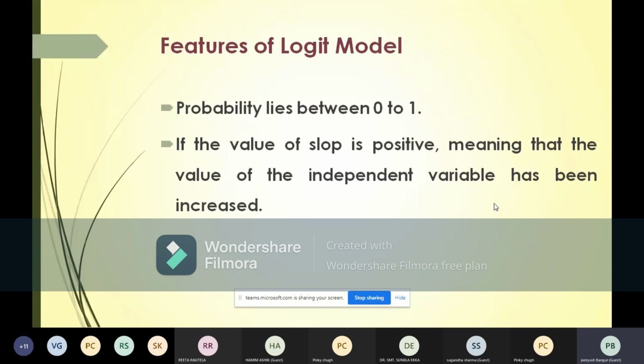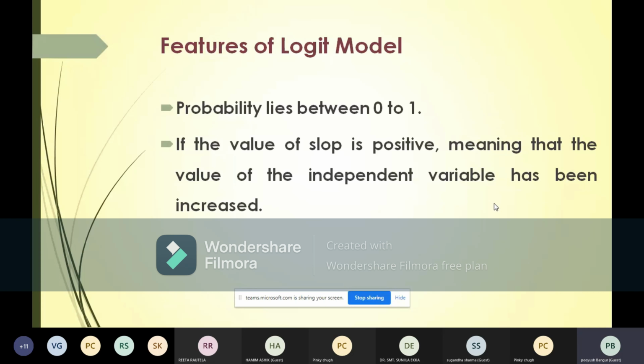If I see the sign of the coefficient or slope of your research is positive, in this case we can say that the thing which we are analyzing from the independent variable has increased.